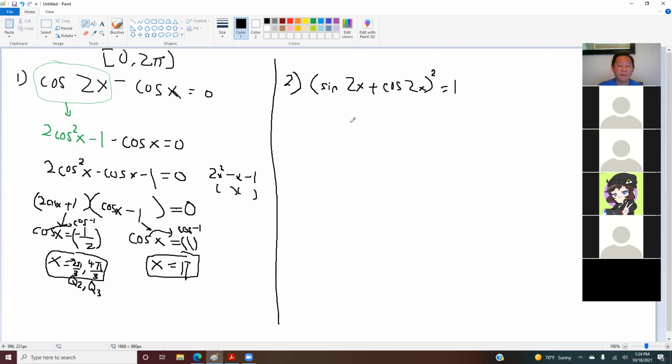Question 2, this is how we do question 2: you square this. So do you guys know how to square sine 2x plus cosine 2x? You just FOIL it. So go ahead and FOIL this one out. What is sine 2x plus cosine 2x times sine 2x plus cosine 2x? You guys know the FOIL, right?